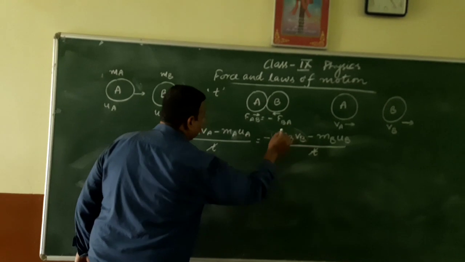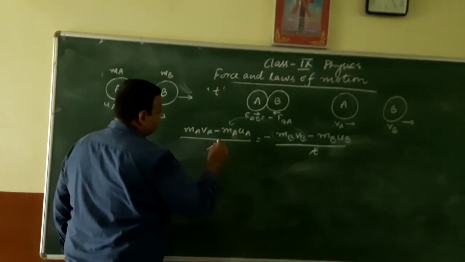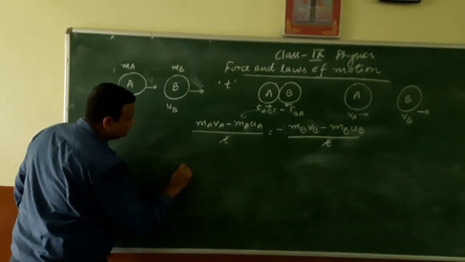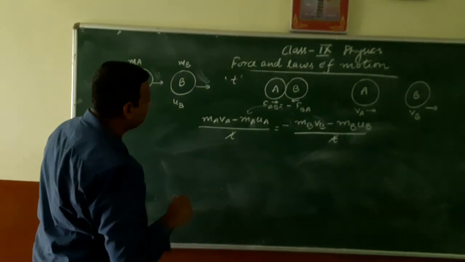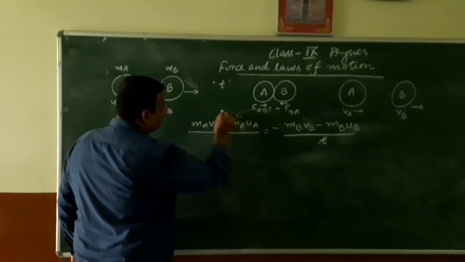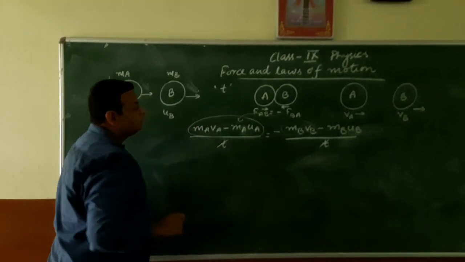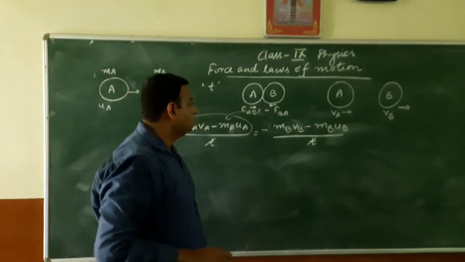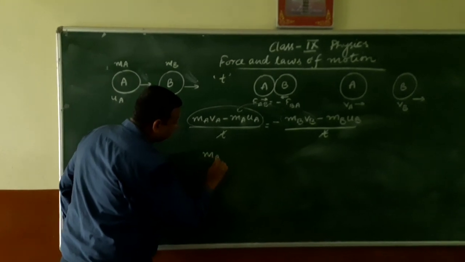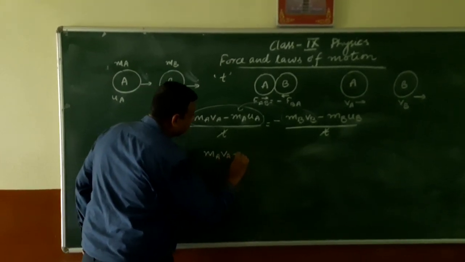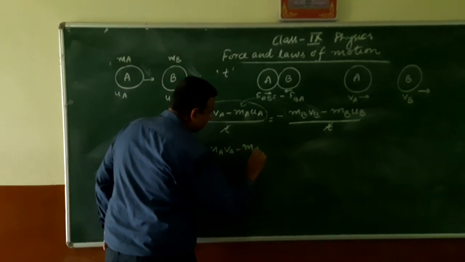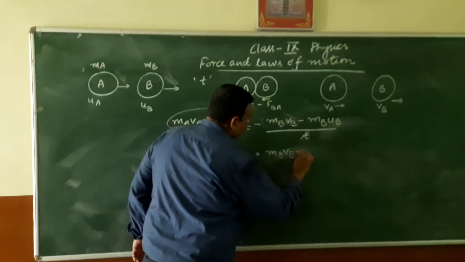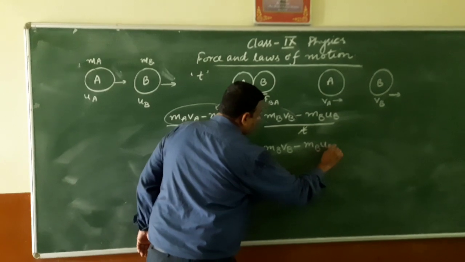Now this value should come here, or simply we can write the change in momentum of ball A is equal to the change in momentum of ball B. So we can write MA VA minus MA UA is equal to MB VB minus MB UB.